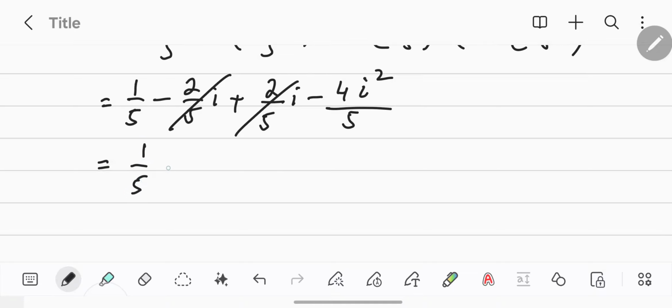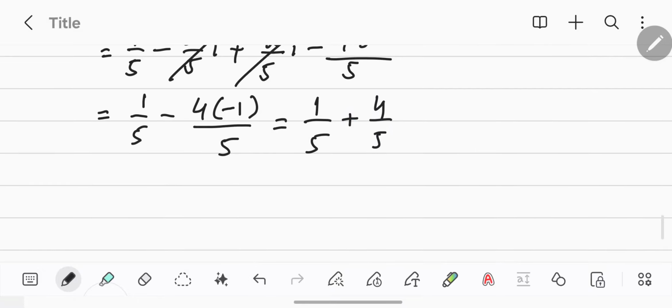1 by 5 minus 4 times iota square is minus 1. 1 by 5 minus minus plus. So I will write plus 4 times 1 is 4 by 5.